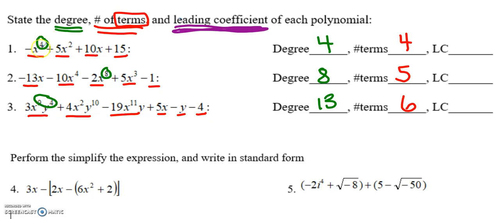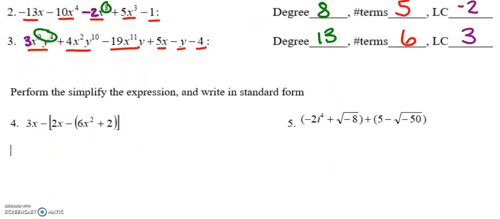So we already said that this one had our highest degree, which means my leading coefficient is -1. This one was our highest degree with the 8, so -2. And this one, the highest degree was 13, and the coefficient in front is 3. So again, degree, number of terms, and leading coefficient. Make sure you know each of those vocab phrases.